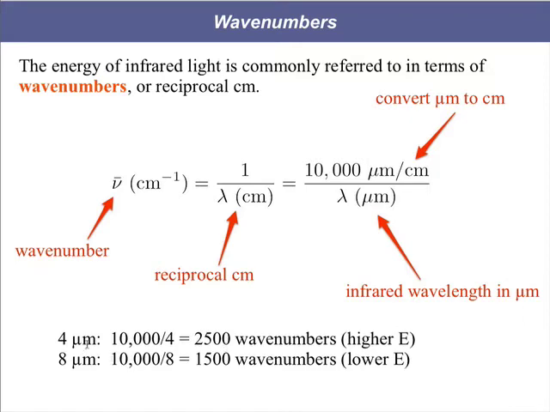We have 4 micrometers corresponding to 2500 wave numbers, that's a higher energy, or 8 micrometers corresponding to 1500 wave numbers, that's a lower energy. So again, for two reasons, it makes the numbers easier to deal with, and it makes them proportional to the energy instead of being inversely proportional to the energy. So we're going to be using wave numbers to represent these vibrations.